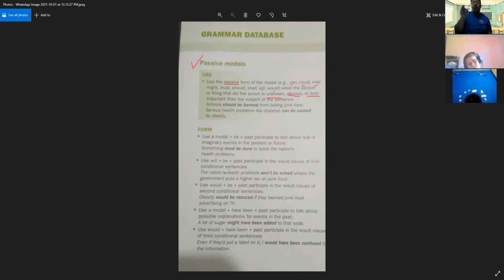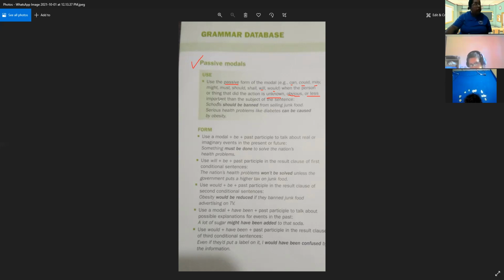Esos son los tres casos en los que vamos a utilizar los passive modals. Cuando la persona o la cosa que hace la acción es desconocida, unknown, is obvious, es obvia, o is less important than the subject of the sentence, o es menos importante que el sujeto en la oración.